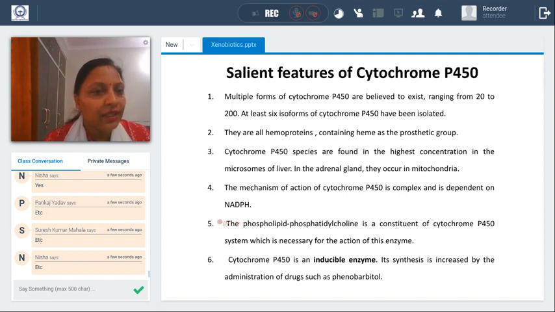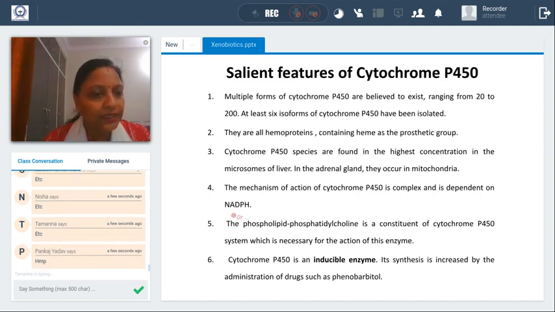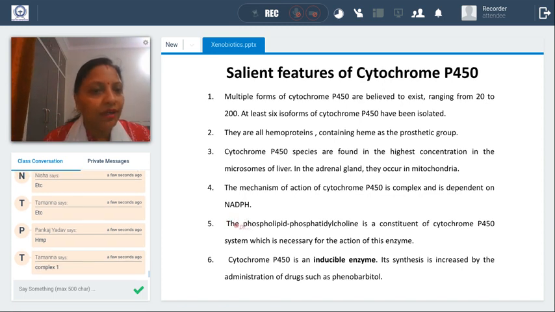In which cycle have we studied this NADPH or NADP? Yes, we have read in the HMP pathway, hexose monophosphate shunt.